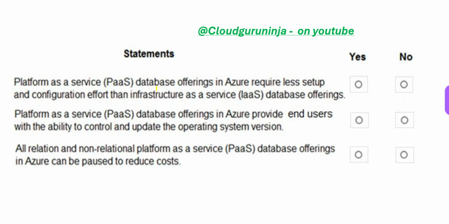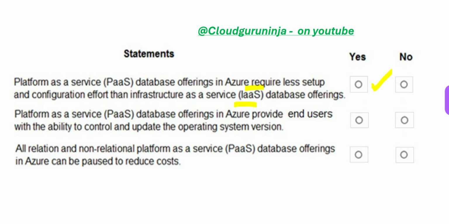So, PaaS database offering in Azure requires less setup and configuration effort compared to infrastructure as a service. Yes, it requires less setup because a lot of things are managed by Azure, so you are hands-free there.